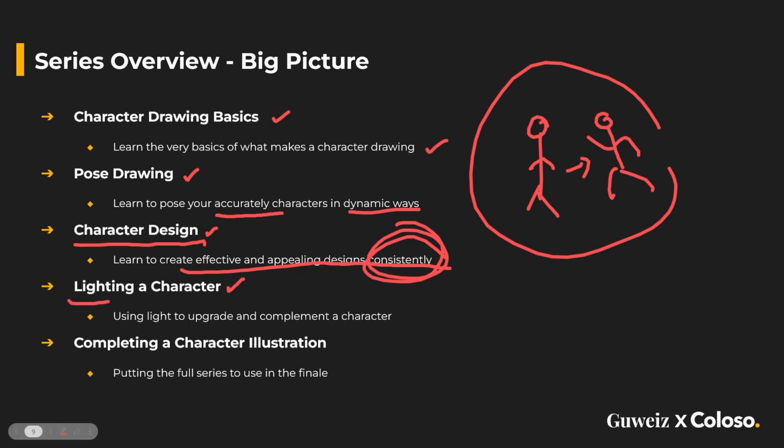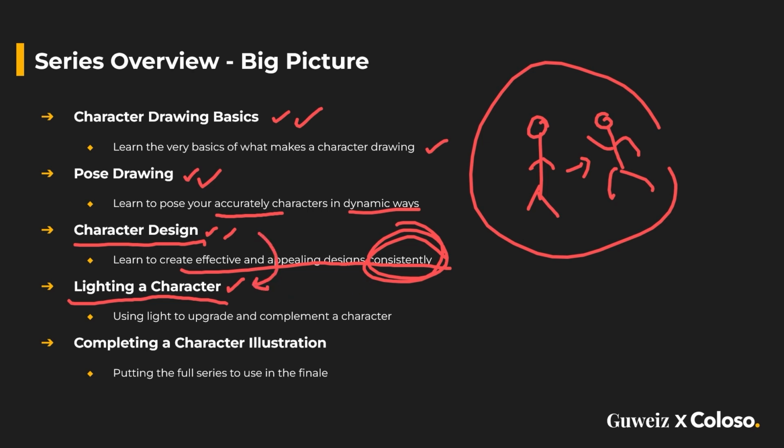Following that up in the series, we'll be talking about lighting characters, using lighting to light up characters. After we've created a character that is in concept well drawn, well posed, and well designed, we need to be able to show the character to our audience.